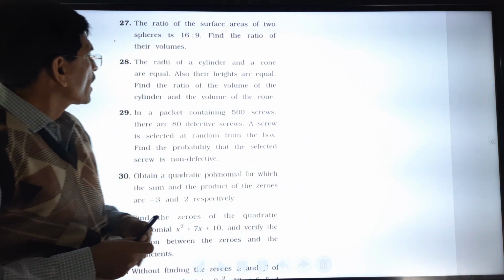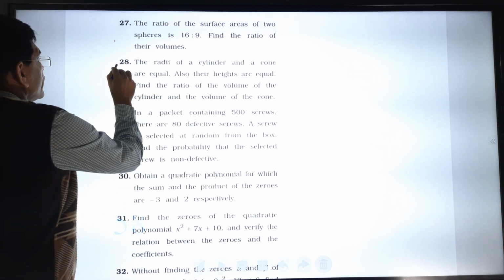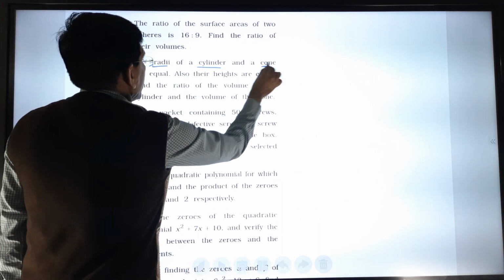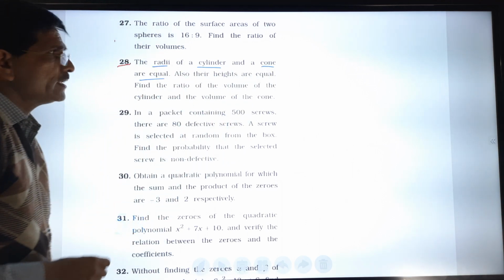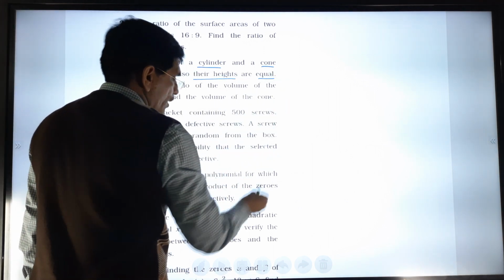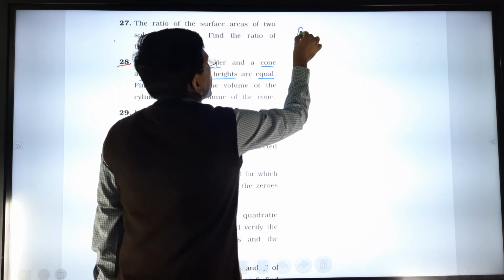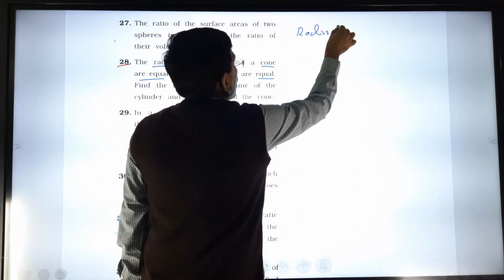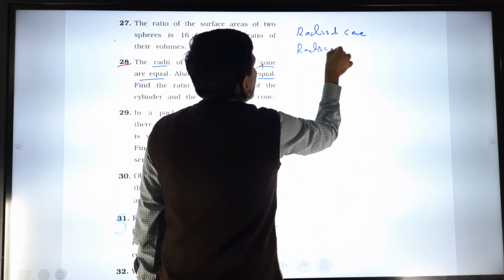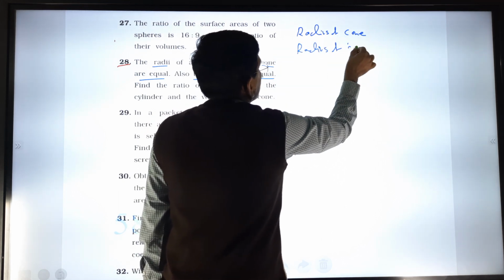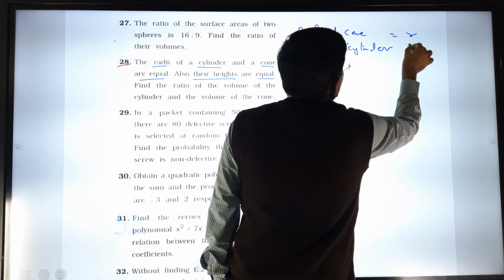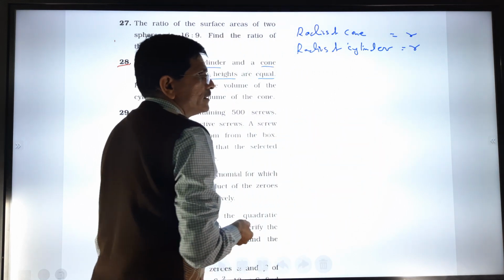Now next, that is question number 28. Radii of cylinder and cone are equal, and heights are also equal. So we can say the radius of cone and radius of cylinder, we can take as R because they are equal.